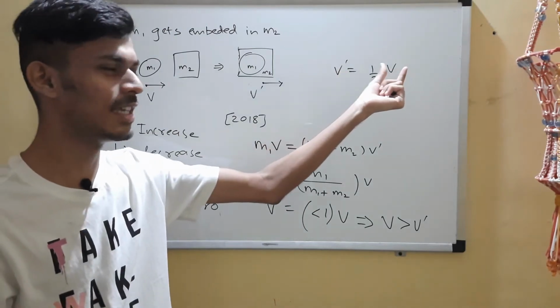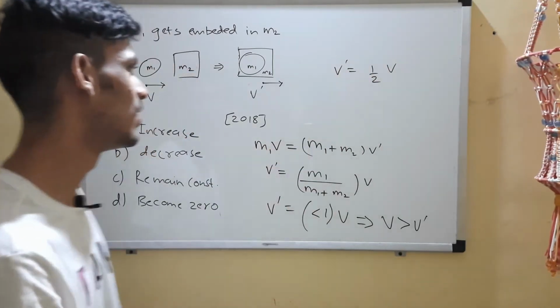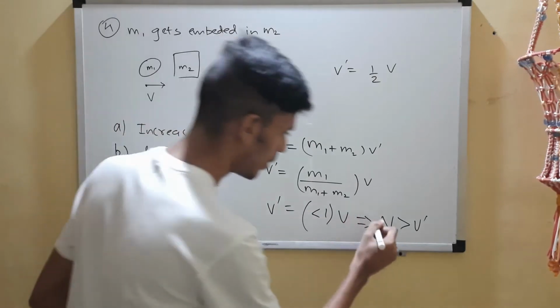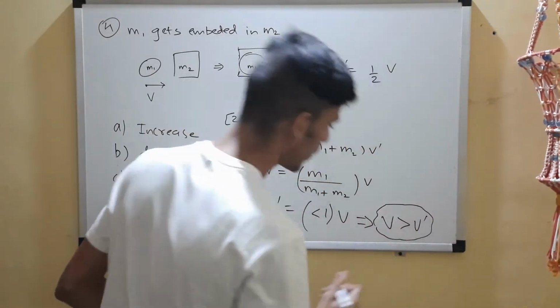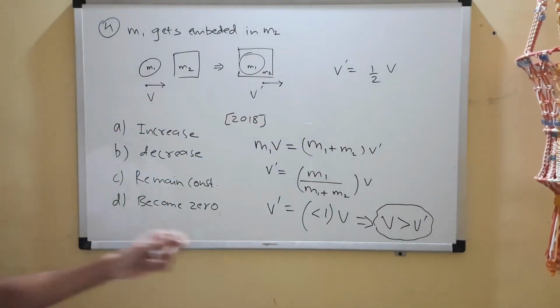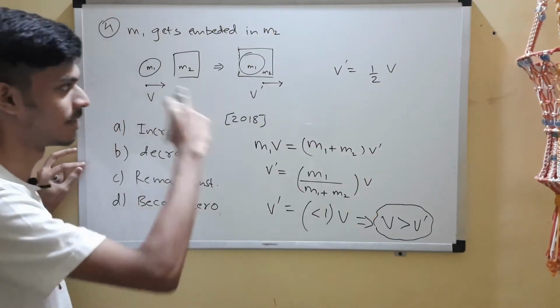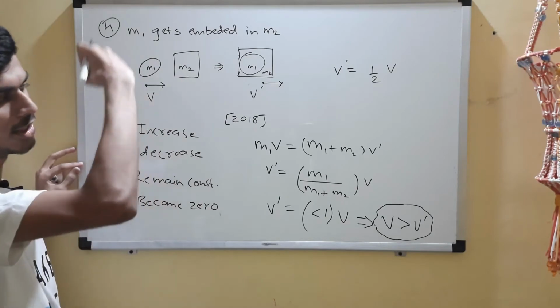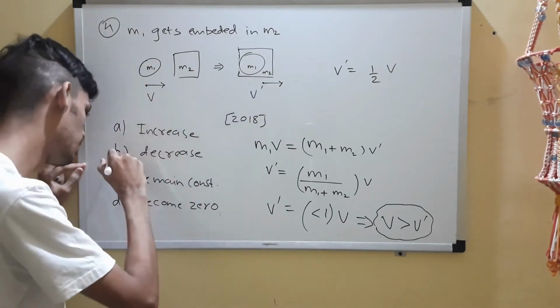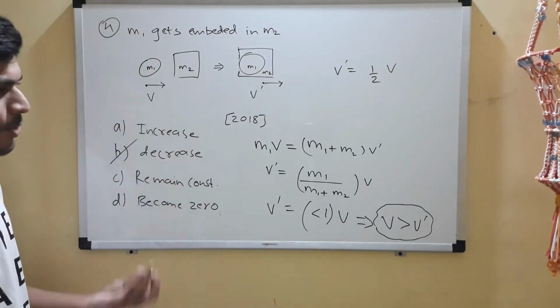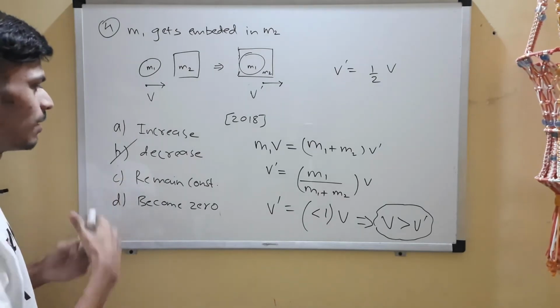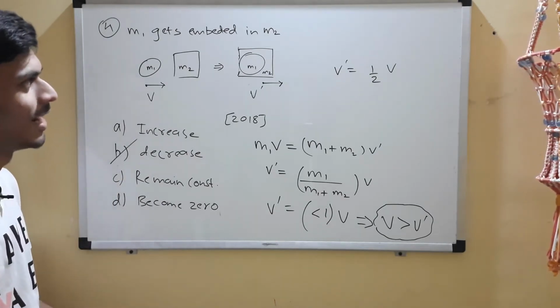So obviously v is greater, and we can conclude that v is greater than v dash. V greater than v dash means the velocity of the system decreases. Initial velocity is greater than the velocity of the system, so velocity decreases. So option B will be the correct choice, right?